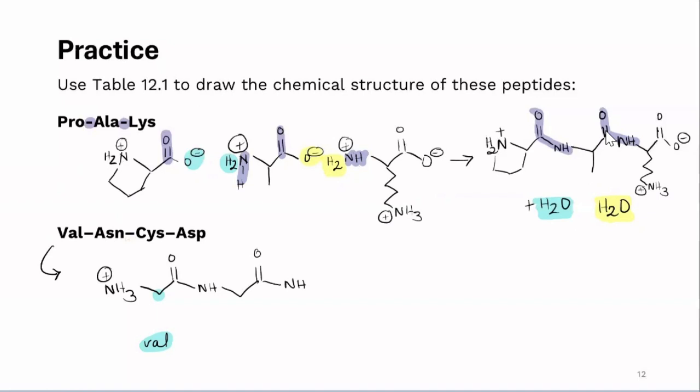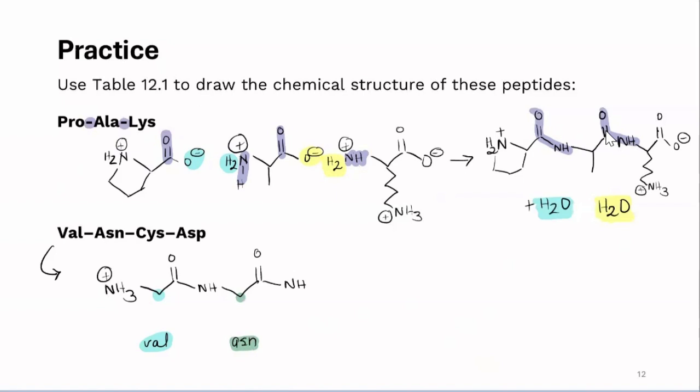Out of this alpha carbon, I'm going to draw asparagine. And remember that if you look at the table that specifically we have in the in-class worksheet, that is going to be the side chain for asparagine. So when it comes to this, at this alpha carbon, I'm going to write the side chain for asparagine.